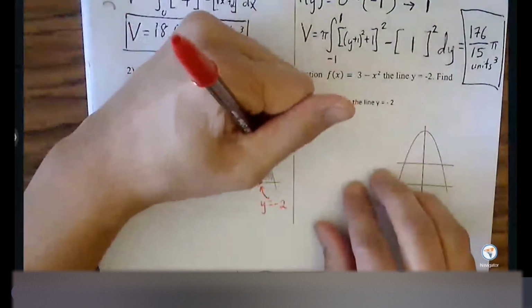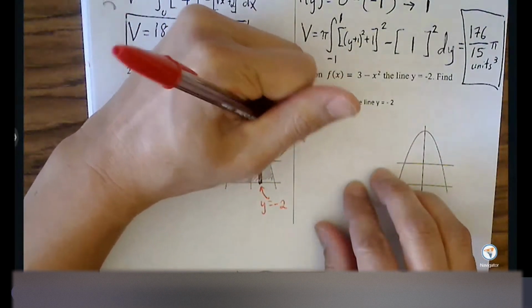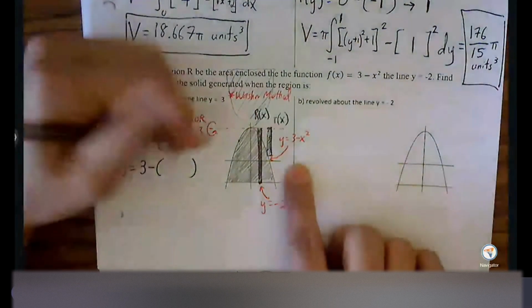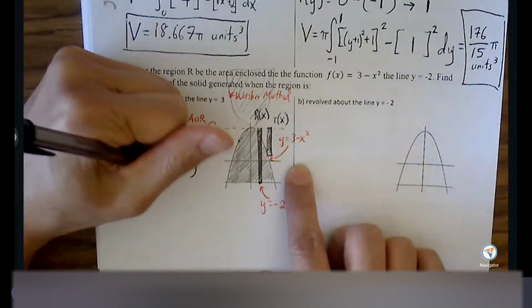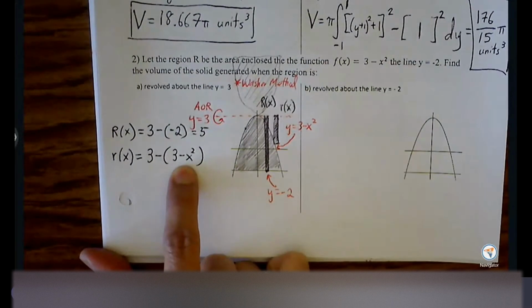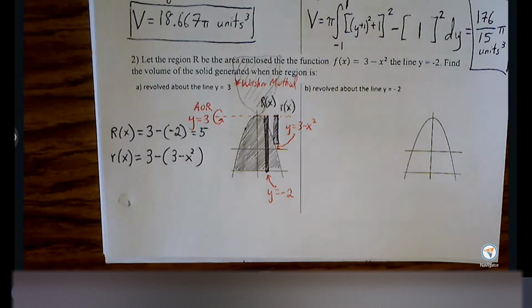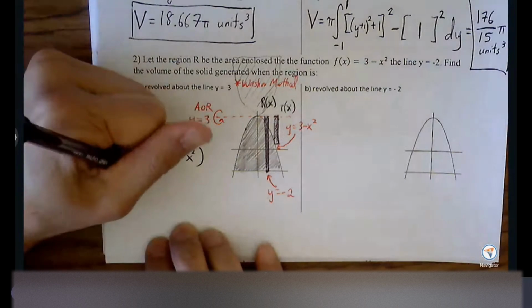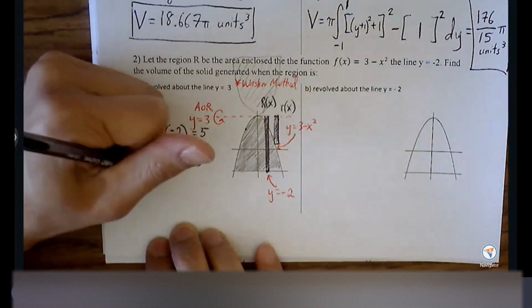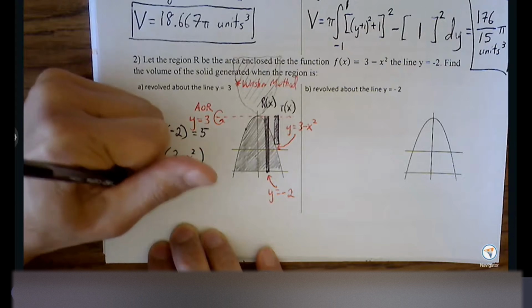So I'm gonna just point to it and name it: 3 minus x squared. Here you see how there's multiple terms for my bottom function, so this is where parentheses is really going to come in useful. We're going to have that extra reminder: I've got to distribute that negative through the parentheses. So 3 minus 3 plus x squared. So my radius is x squared.